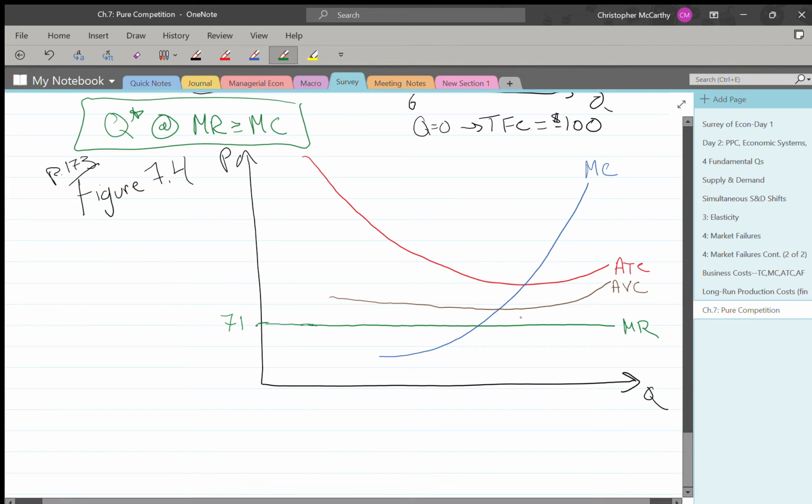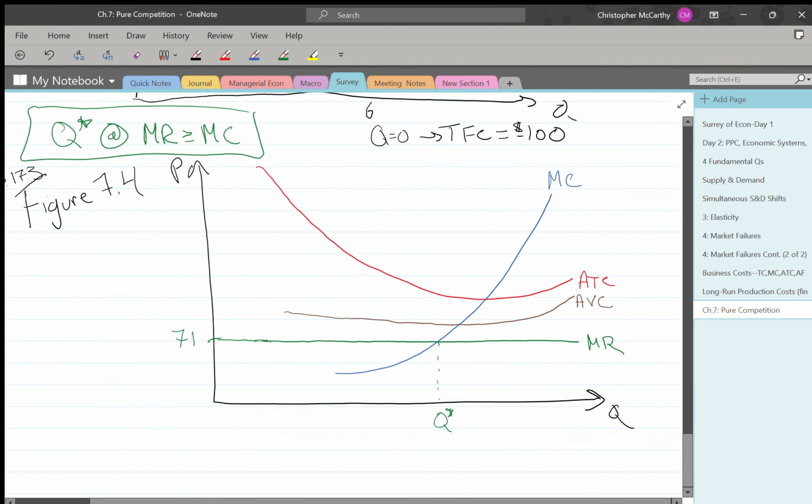So here we're going to do our same rule. We're going to pick our Q star where the marginal revenue equals the marginal cost. Why are we doing this? Because that is our profit maximizing or loss minimizing situation always. Now let's evaluate what's going on in this situation.